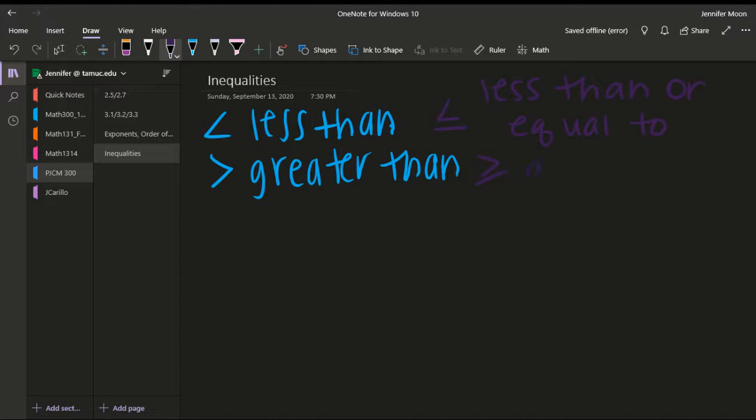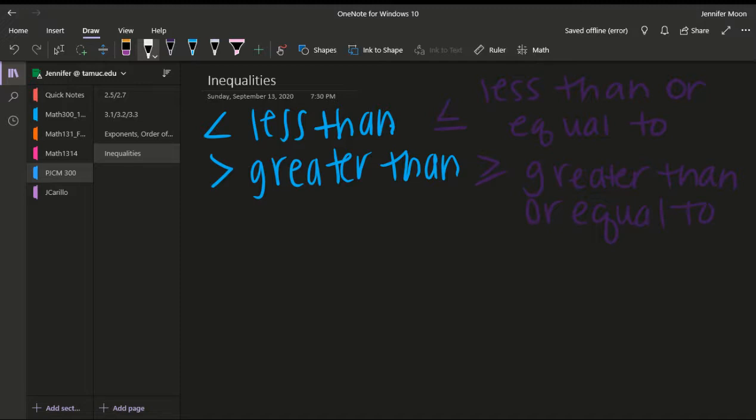And we have this, which is greater than or equal to.